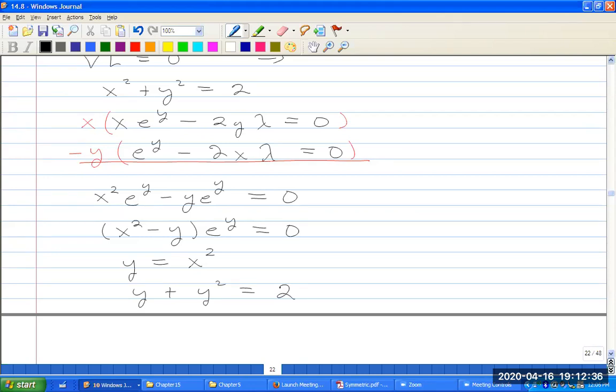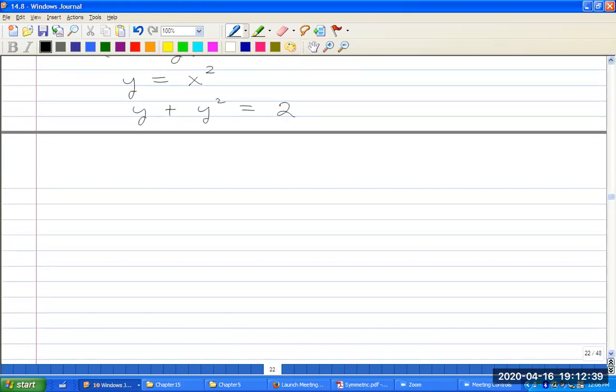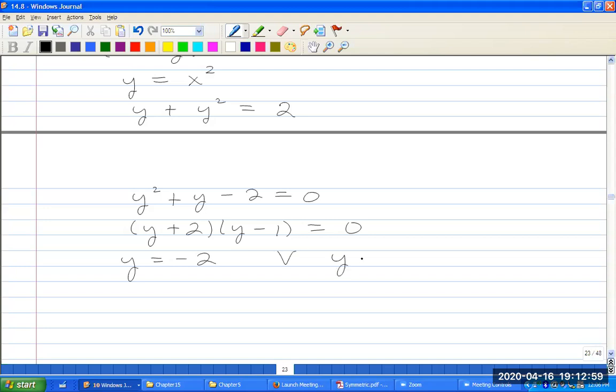Everything will come out the same, but it just looks a little cleaner. So this is y squared plus y minus 2 equals 0. And so I have y plus 2, y minus 1 is 0. So this says that y equals negative 2, or y is equal to 1.